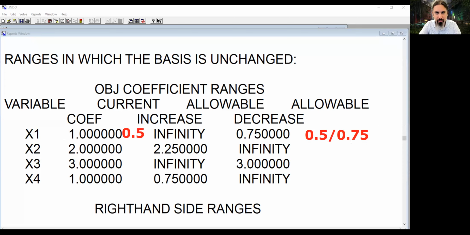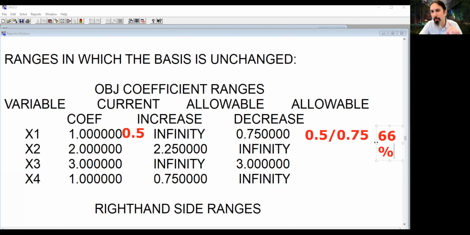So 1 over 2 over 3 over 4, which is, I don't know, 2 over 3, right? 66%. So the amount of change is 66%.